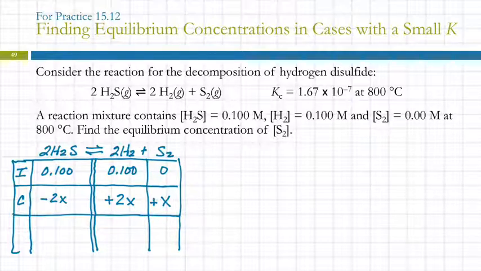All the products have to either increase or decrease, and all the reactants have to do the opposite. You can't have one product increasing and another decreasing. Not possible. So then at the bottom here, we've got our equilibrium relationship. So 0.100 minus 2x. And here I have 0.100 plus 2x. And for that one, I've just got x.